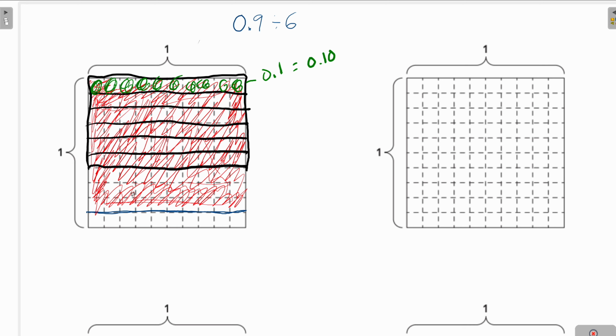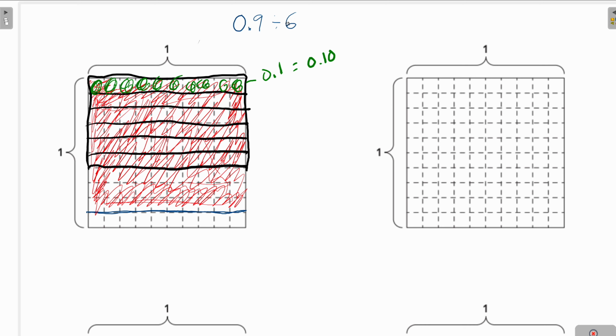But what about this portion here? Because we have to divide the whole 9/10ths, not just 6/10ths over here like we just did right now. We have to divide the whole 9/10ths into 6 equal groups.